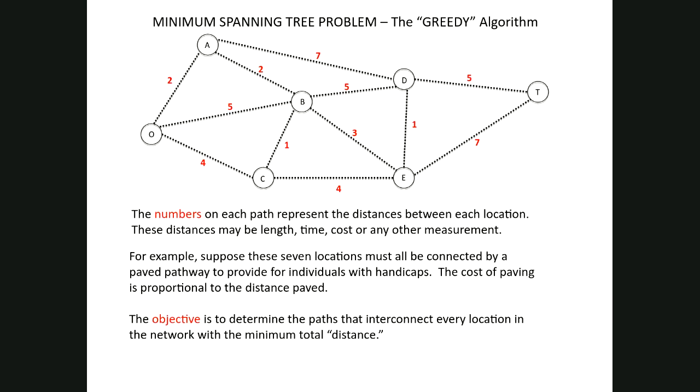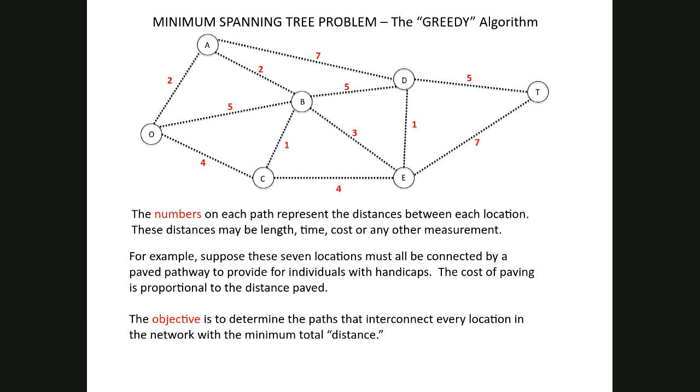All right. So first, the minimum spanning tree problem, which is going to use what we'll call the greedy algorithm, as we'll see on the next slide. First of all, let me orient you on the information on the screen.